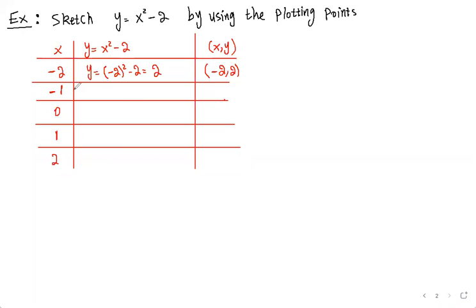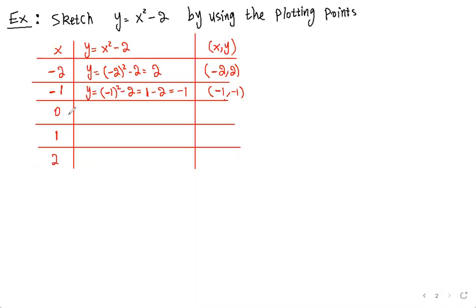The second point, who will do the second point? -1. So -1 squared minus 2. -1 squared is 1, minus 2. So 1 minus 2 is -1. So the point is -1 and -1.